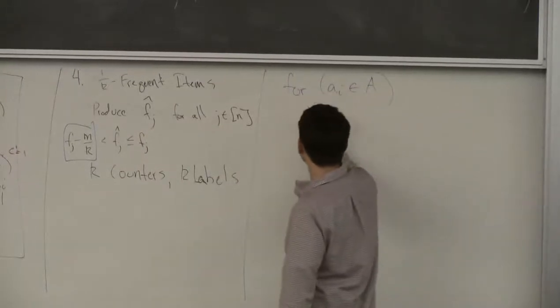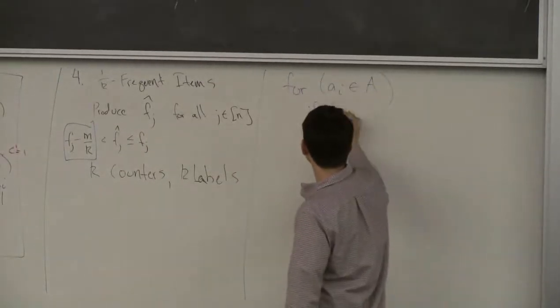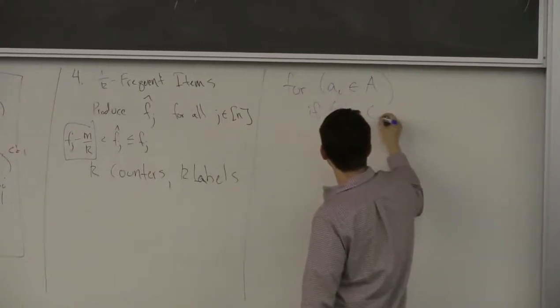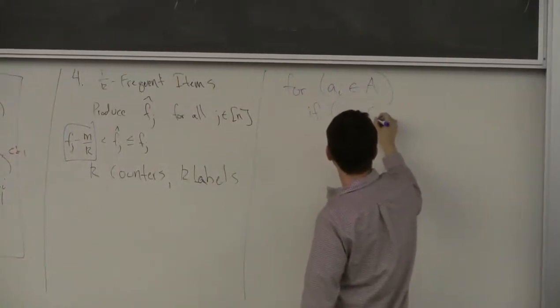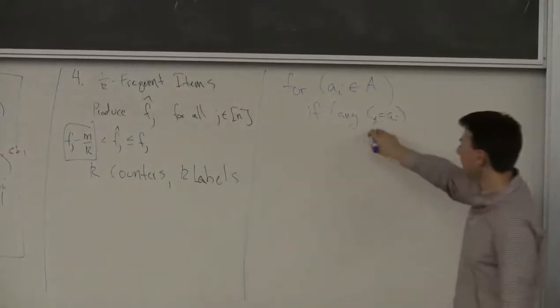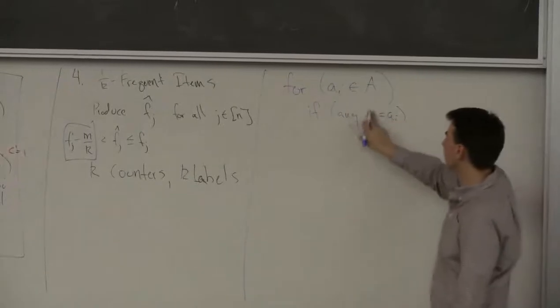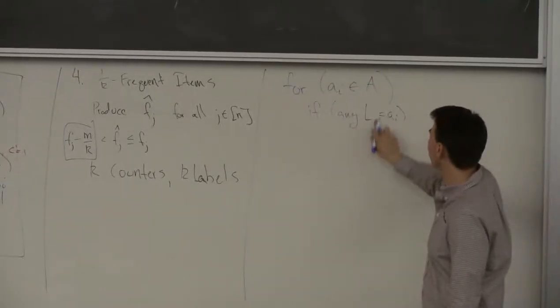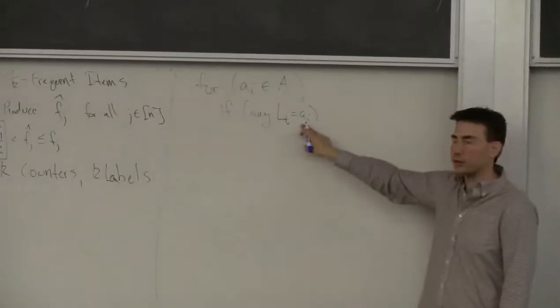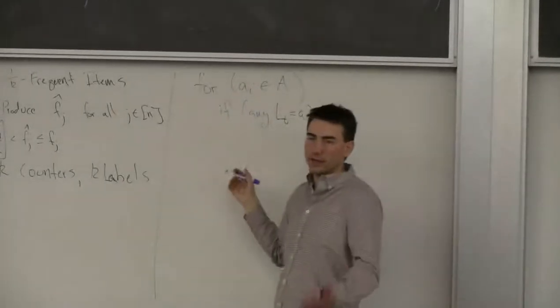So if any label matches our incoming item A_i, then we're going to increment the associated count.